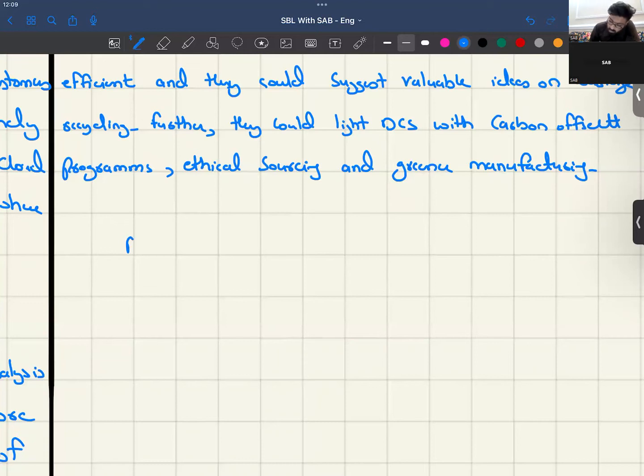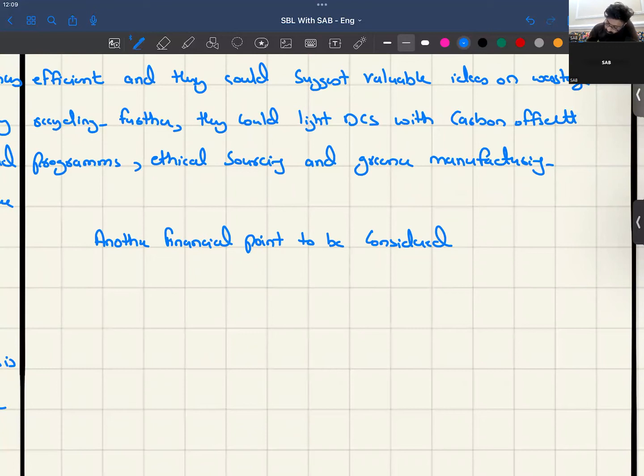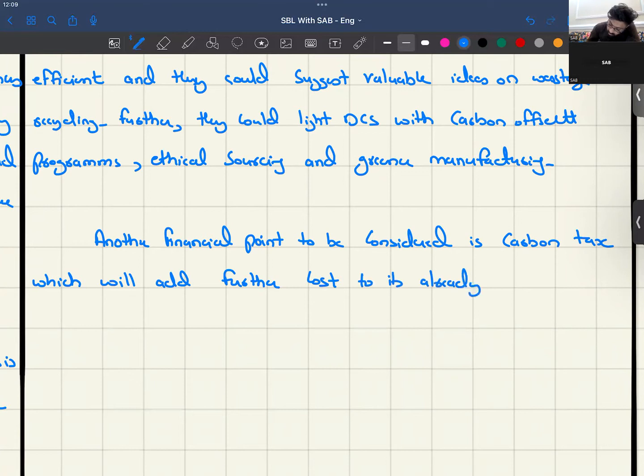Another financial point to be considered is carbon tax, which will add further cost to its already low margins on the data components business.